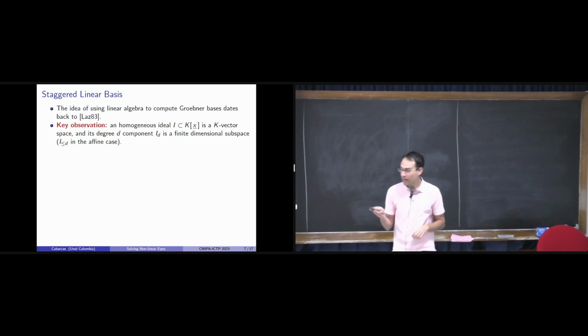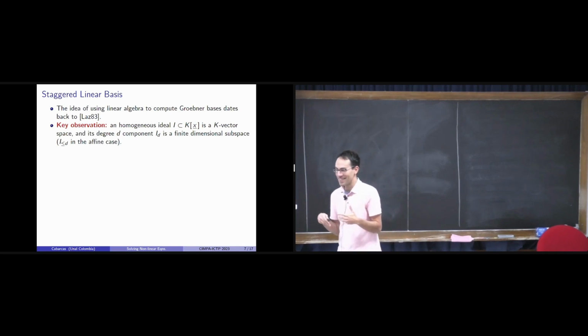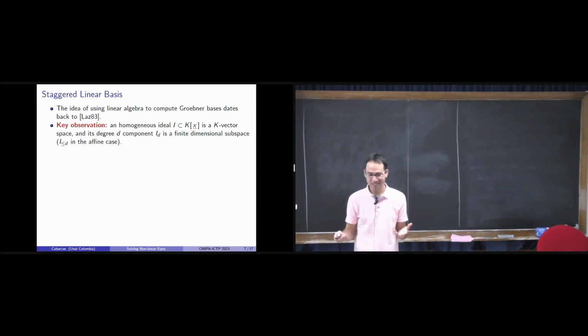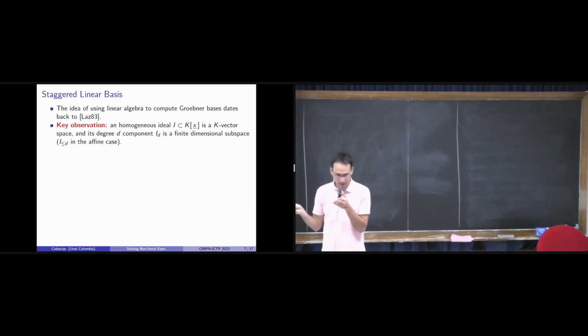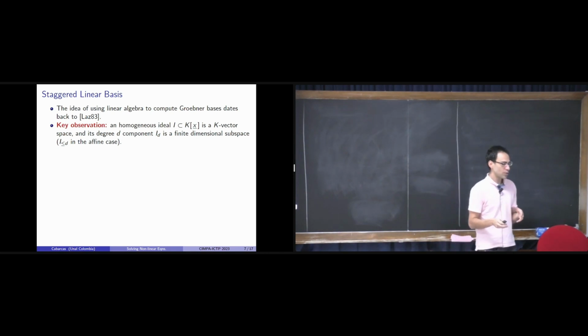So doing linear algebra, doing Gaussian elimination, we can compute a basis for these things. Now, what I'm gonna do next is to give a solid ground to this theory.